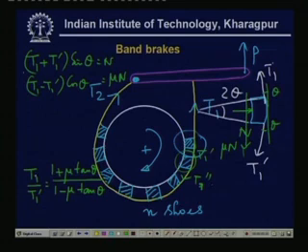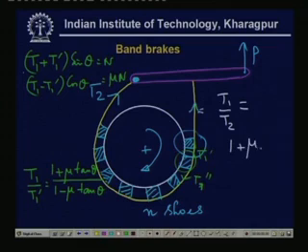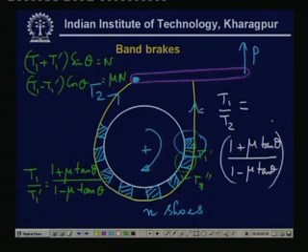So, we can have T 1 prime divided by T 1 double prime the same, and we can proceed so on until we reach T 2. So, the relationship between T 1 and T 2 is T 1 by T 2 equal to 1 plus mu tan theta divided by 1 minus mu tan theta, raised to the power n.